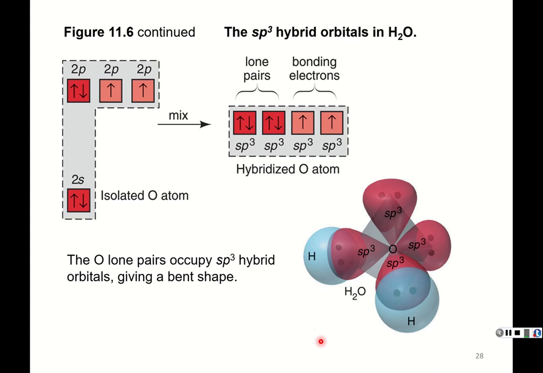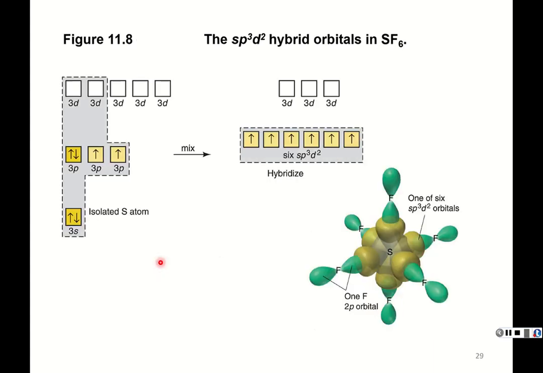If you want to think about hybridization again, these figures from the book explain that. You're mixing 4 atomic orbitals, an s and 3 p's, to get 4 equivalent sp3 hybrid orbitals. But if you have access to the d orbitals, you can expand that valence even further, and that's how sulfur can get to sp3d2.